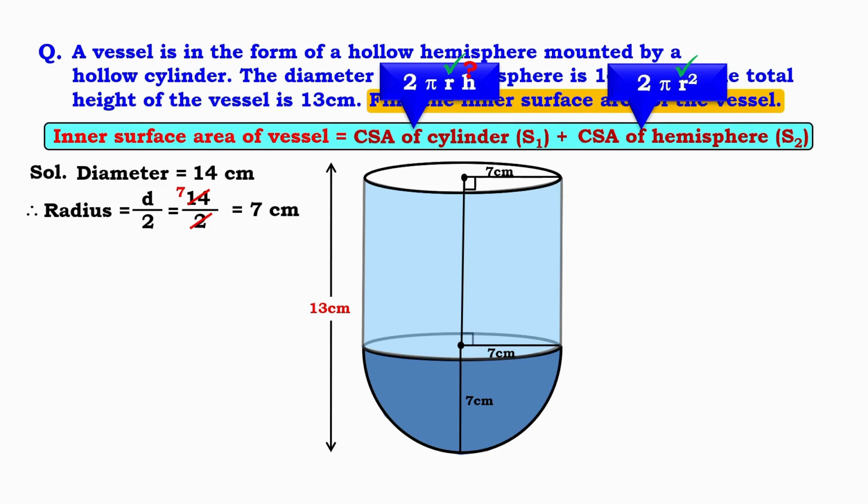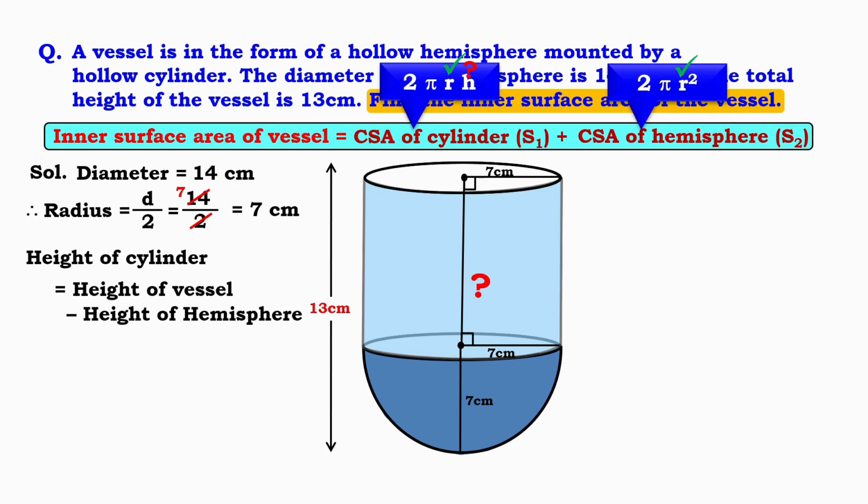So that is 13 minus 7. So height of the cylinder will be the height of the entire vessel minus the height of the hemisphere. So that is equal to 13 minus 7, which is equal to 6 centimeter. So we already found out the h. So now we can easily calculate the CSA of the cylinder as well as the CSA of the hemisphere.